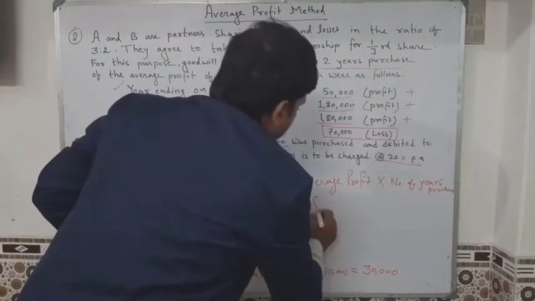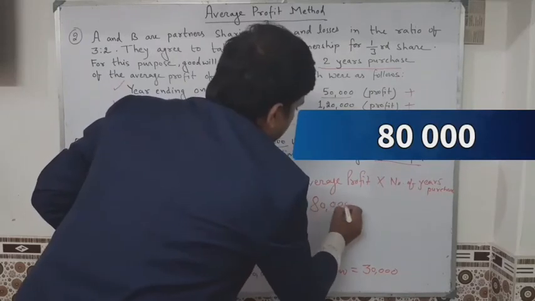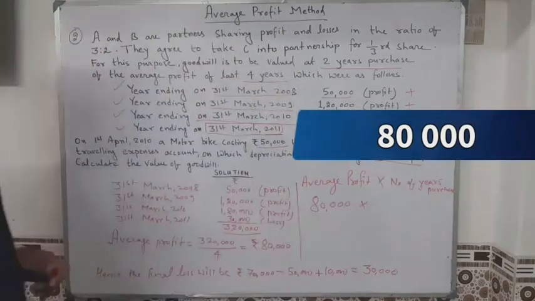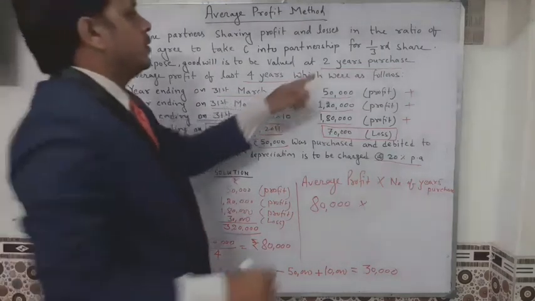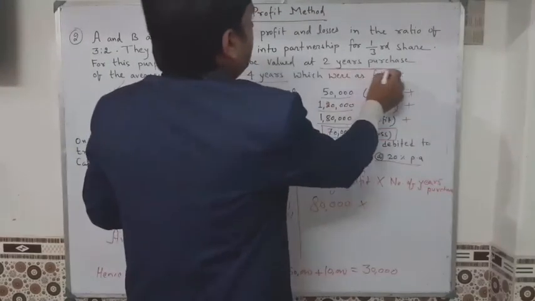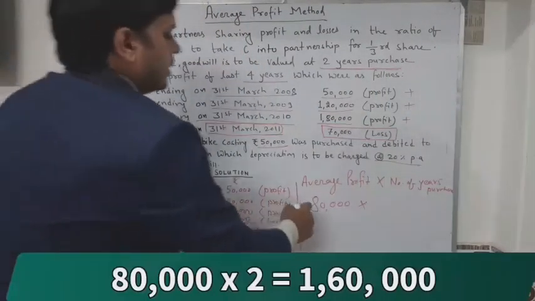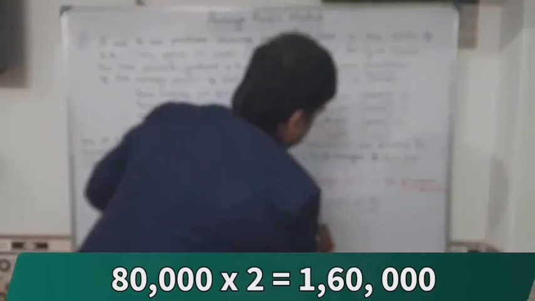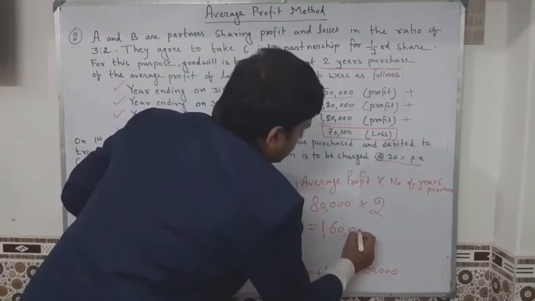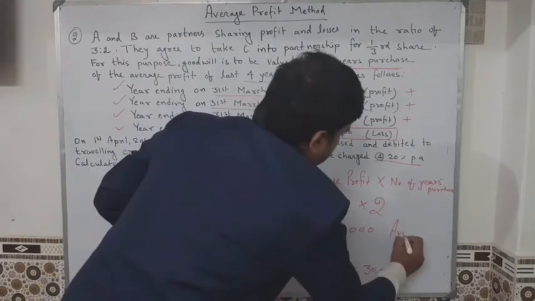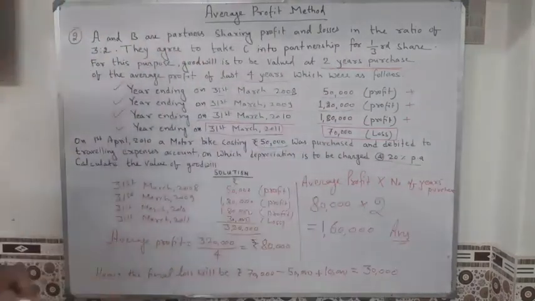Here you will write 80,000 into the number of years purchase given above, 2 years purchase. 80,000 into 2 is equal to 1,60,000. This is the answer.